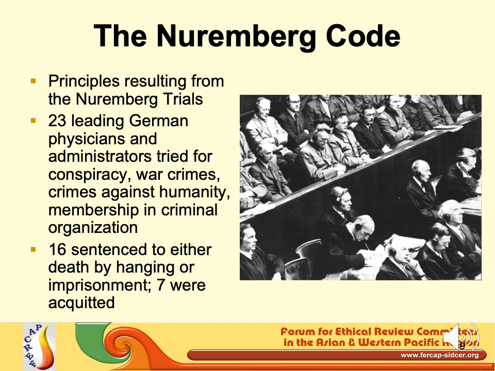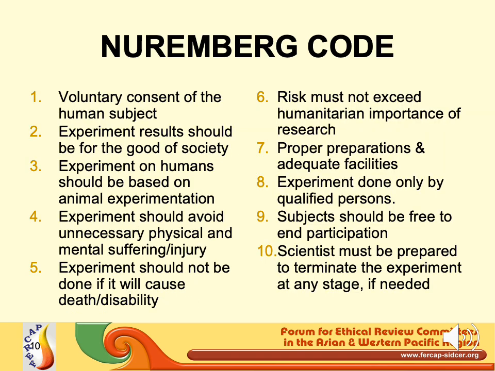And 16 of them were sentenced to either death by hanging or imprisonment, and 7 were acquitted. This led to the adoption of the Nuremberg Code, which was the first code of ethics about research.